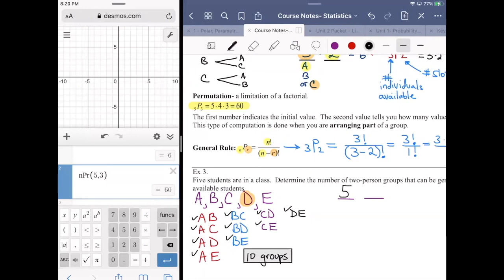Once I occupy that position with one of the individuals, there's only 4 people left for the second slot. 5 times 4. Well, that's going to be 20, so that can't be it. But if you look at the relationship, that gives you a result of 20.